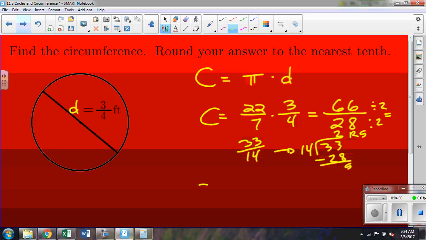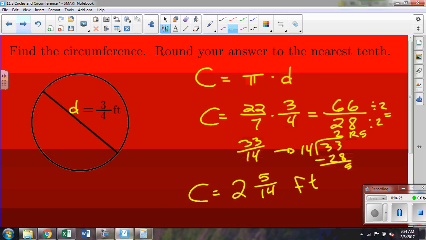Thus, our answer is 2, a remainder of 5, denominator of 14, and our label is feet. 2 5/14 of a foot. Done.